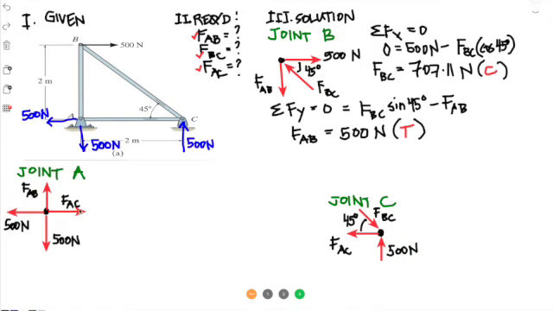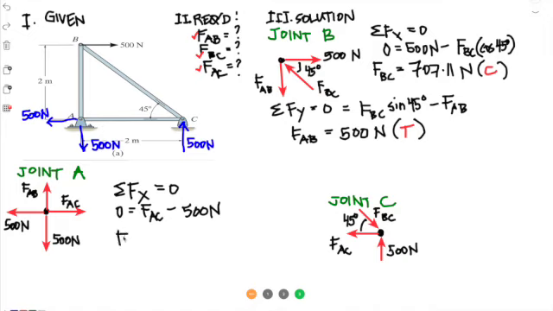So I prefer the easier one, which is joint A, since we have FAB, which is in tension. There is another known in here, and FAC will just be a matter of doing a summation of forces in the x direction. For that, we only have two forces, that would be FAC and 500 newtons, the external support reaction.